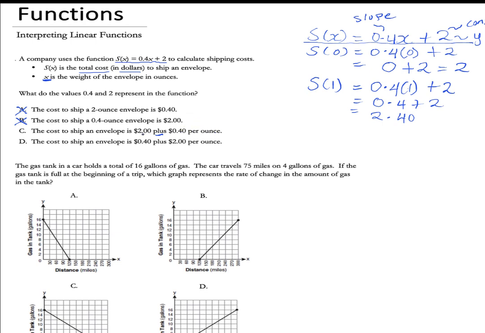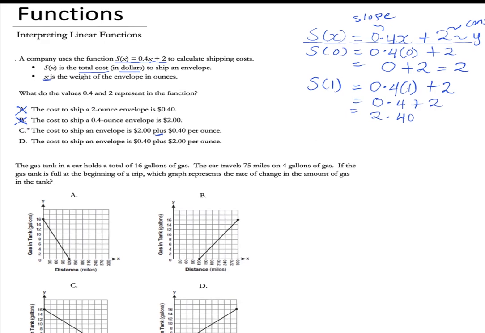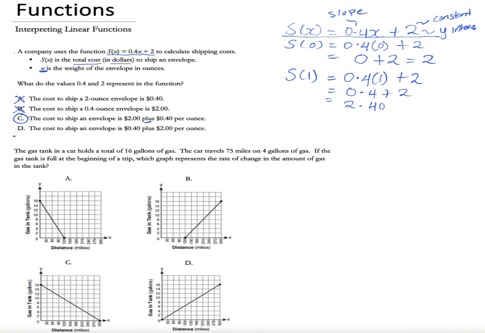So it's a flat $2 plus 40 cents per ounce. For 1 ounce, it's going to cost you $2.40. If it's 2 ounces, you take that, times it by the 0.4, and then add 2. So the best answer choice here is C.